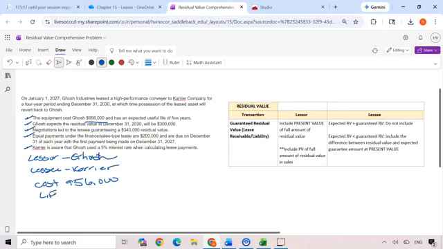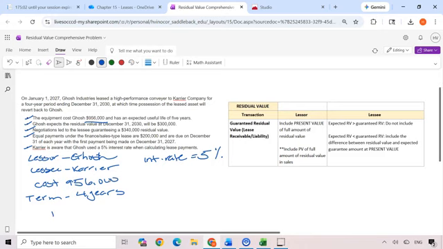The term of this lease is 4 years. I should say term, not life, because the life of the asset is 5 years, but the term is 4 years. And the interest rate that I'm given is 5%. Okay, so that's just easier for me to see.